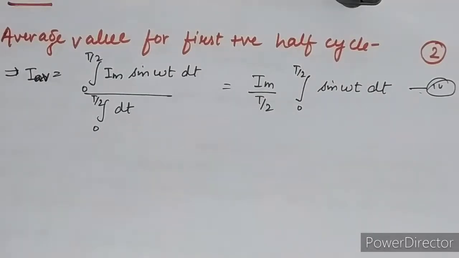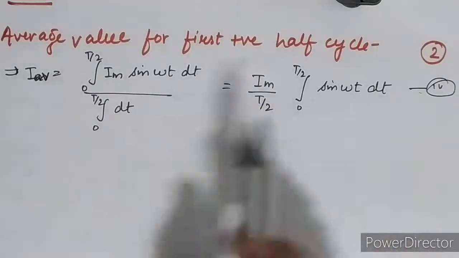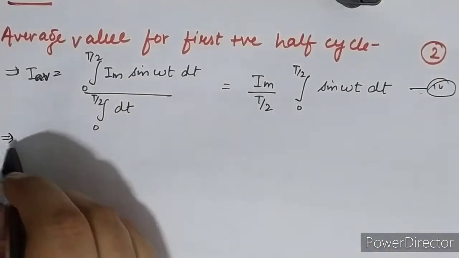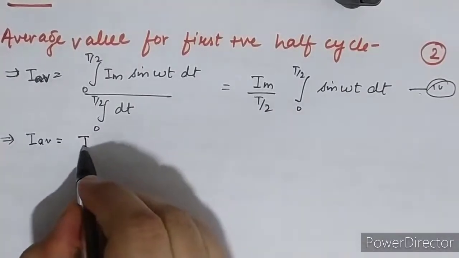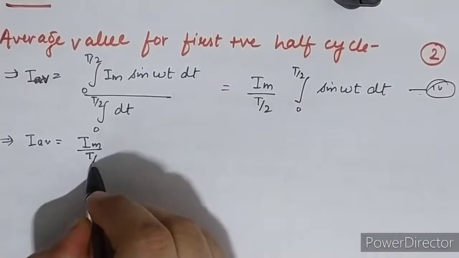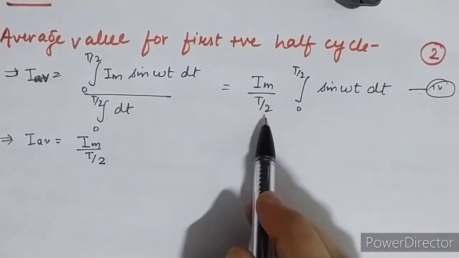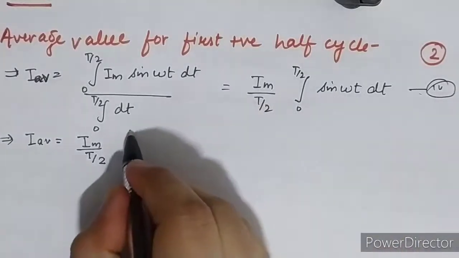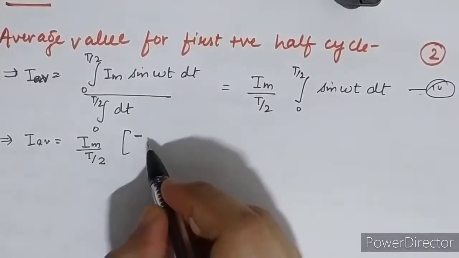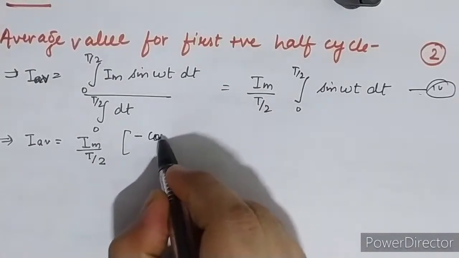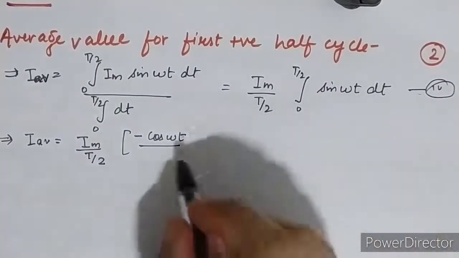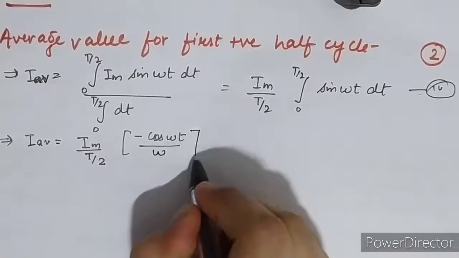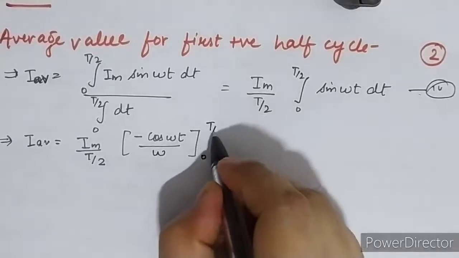When we integrate sin omega t dt, we get I average equals Im upon T by 2, the term we already have, and the integral of sin omega t is minus cos omega t, and omega is a constant with the t, so it comes in divided form, from 0 to T by 2.